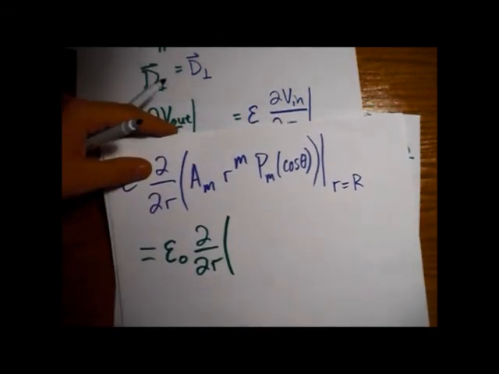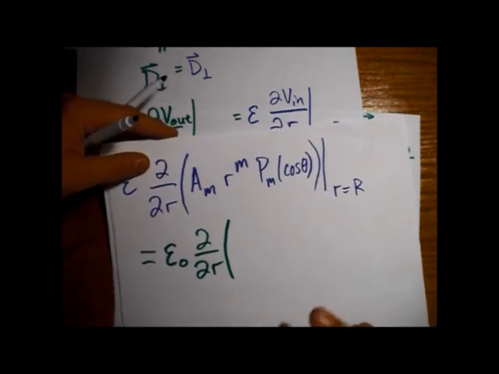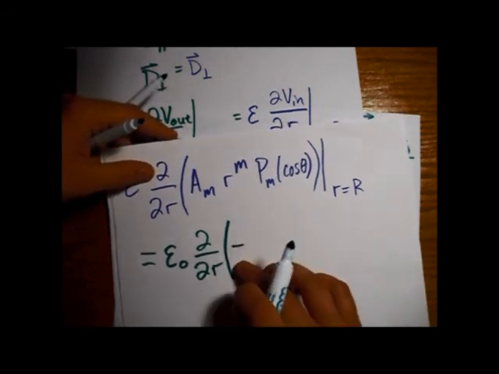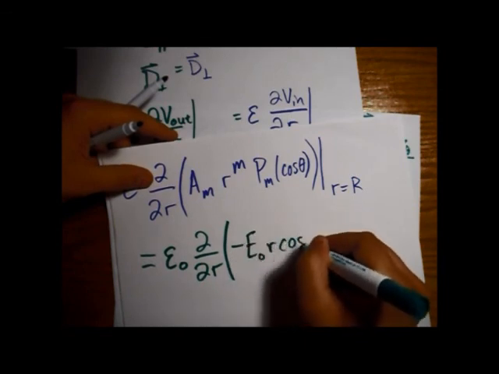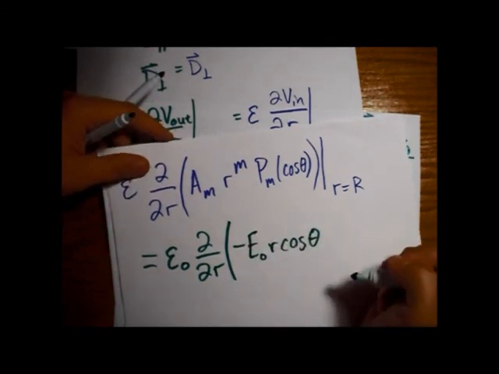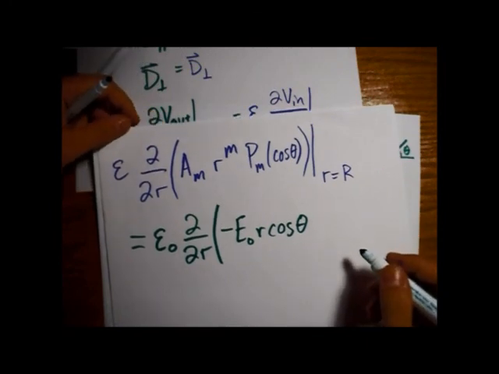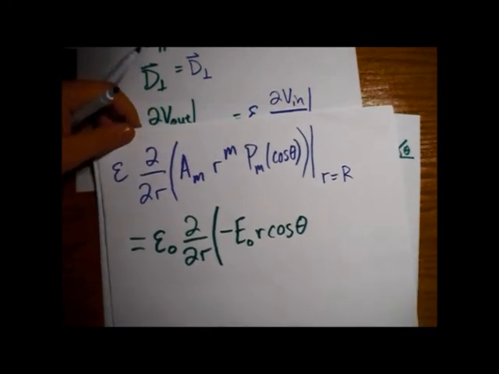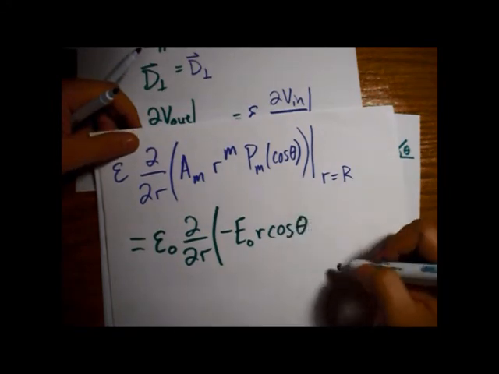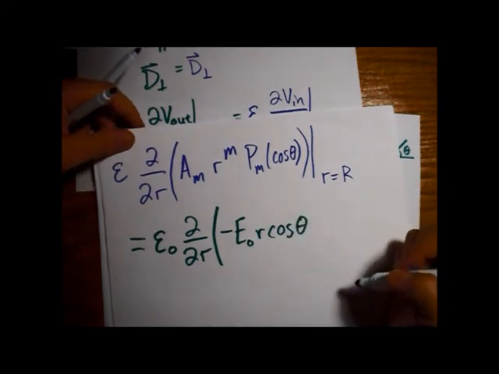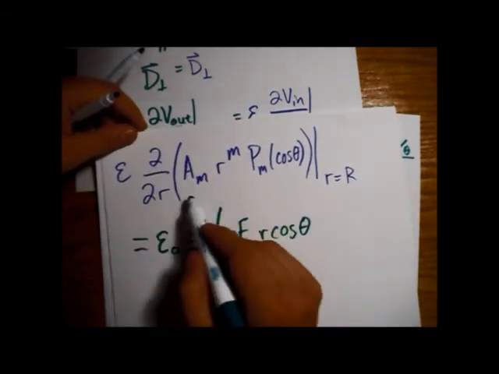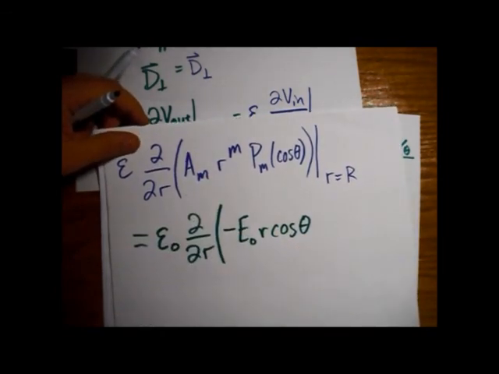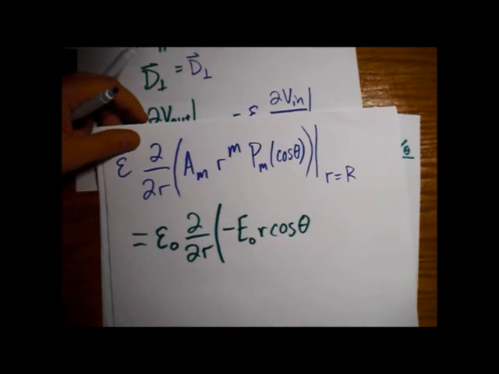All right, so for the outside, we had our lonely a term, right, minus big E naught r cosine of theta, and you know what? I should have written a big sum here, but what we can do again is just go term by term.